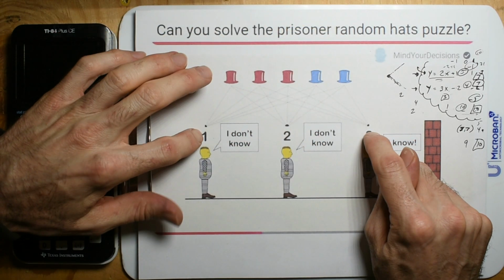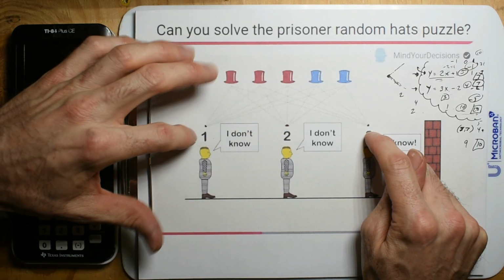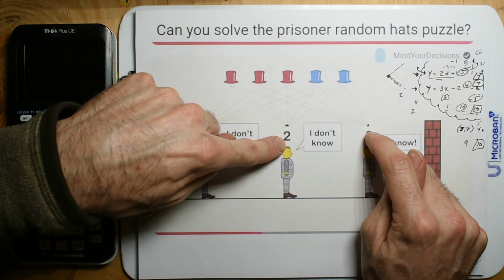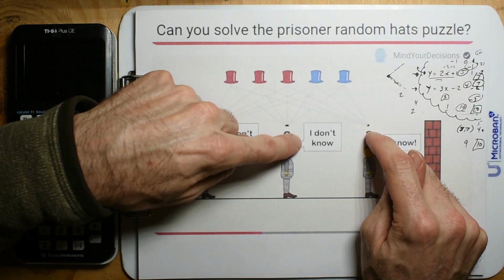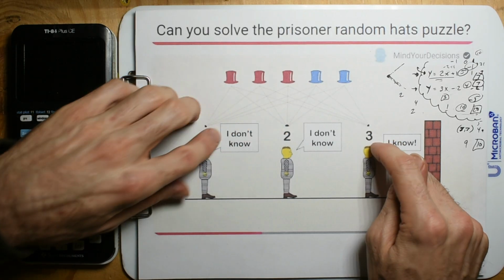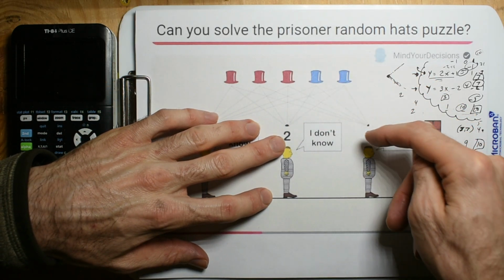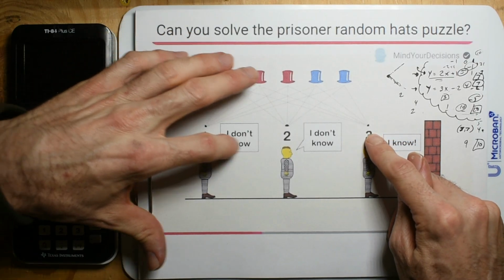That's the interesting case. Oh, no, that was the scenario where the blue hat's on prisoner 3. If the blue hat's over here again, yeah, that's a fascinating one to go back to.